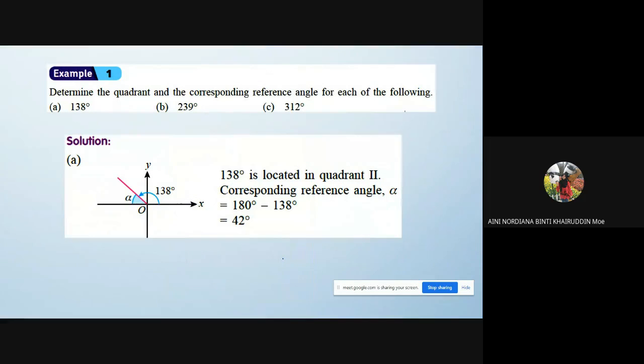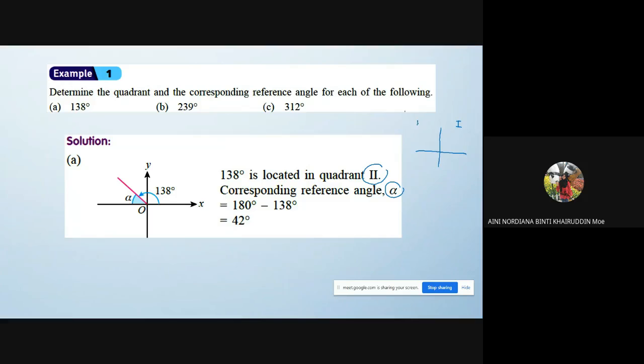Okay. Example 1. Determine the quadrant and the corresponding reference angle for each of the following. So angle 138. 138 is located in quadrant 2. So this is the first question. The second question, corresponding reference angle. Kita letak dia as alpha. Formula 180 degree minus 138. Yang formula ni masa form 4 dah belajar, kalau ingat lagi lah.